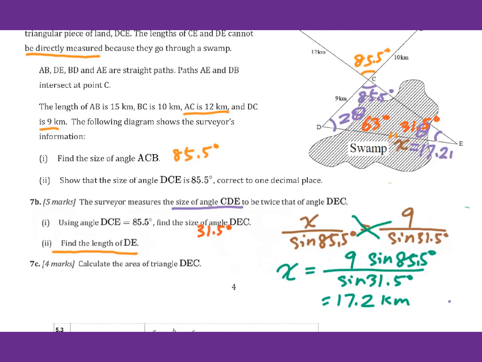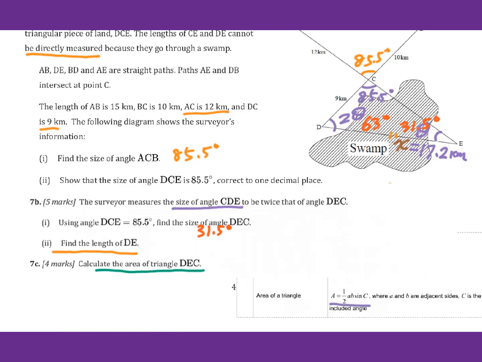Let's label that 17.2 kilometers here. And for 7c, find the area of triangle DEC. Using this formula, remember we need the included angle.